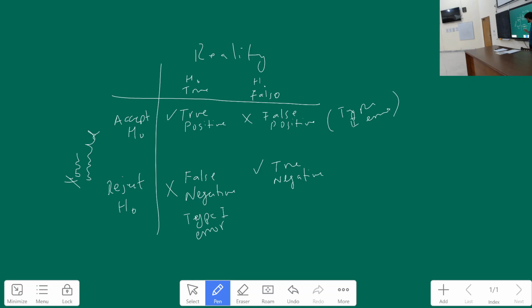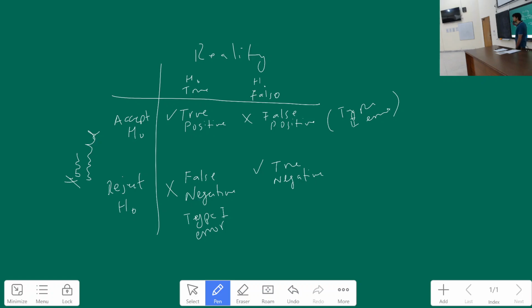A false negative is type 1 error: wrongly rejecting the null hypothesis. Type 2 error is mistakenly accepting the null hypothesis when in fact it was false.